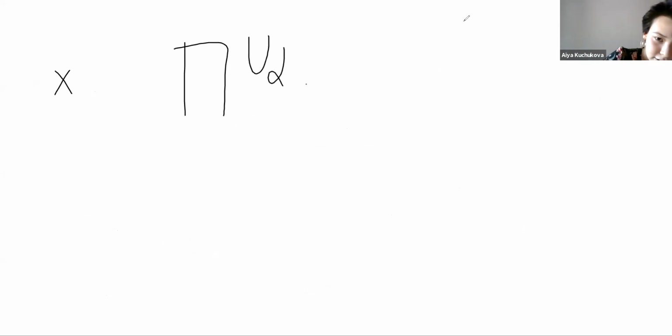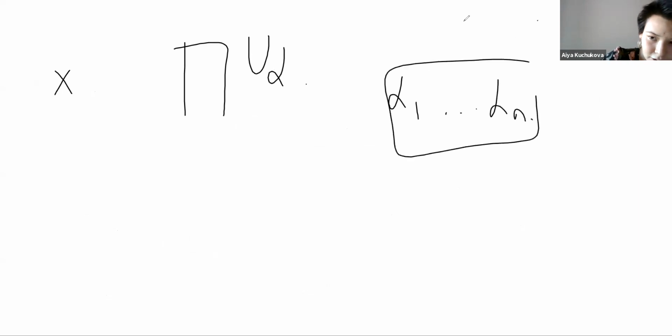And so basically for a proof, what we did is we took a point x and some product topology basis element, the product of U_alpha, and say that alpha_1, ..., alpha_n are the indices at which U_alpha_i is not equal to R. So we just took some random point in the product topology, right?